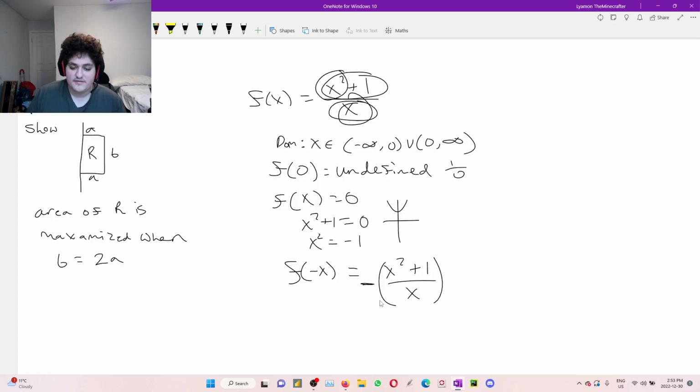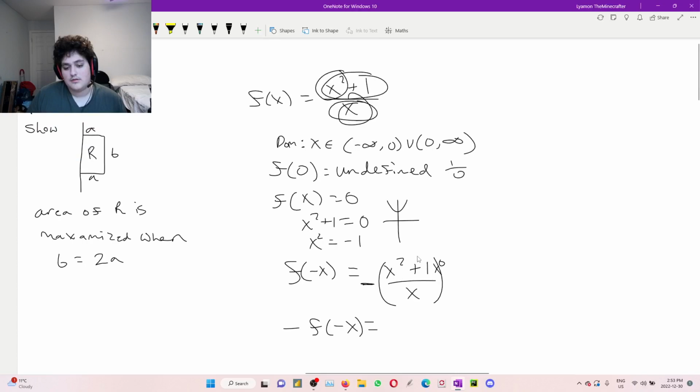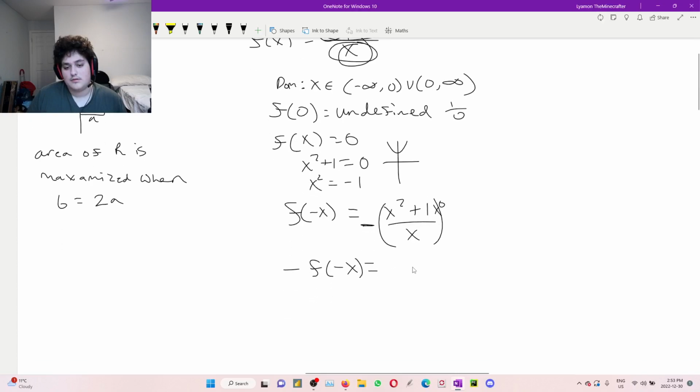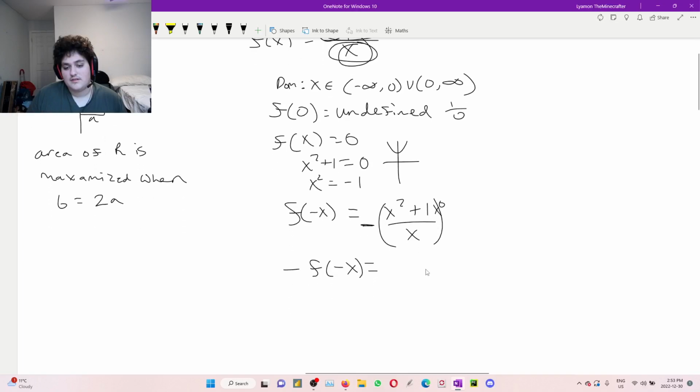Because the x will be negative, and the numerator will be exactly the same, because the numerator is an even function. And then negative f of negative x is just going to be negative this. Oh, I guess the function is odd then.